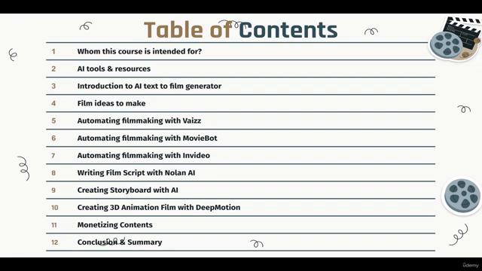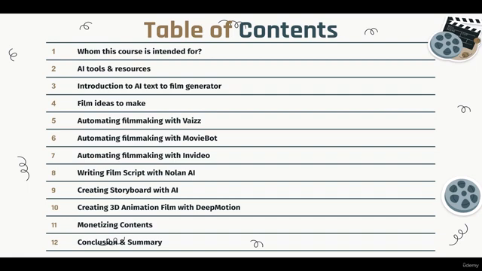Let's move on to the second chapter, AI tools and resources. Alright, so in the second chapter, I'm going to introduce you to all the AI tools that we're going to utilize in our project. So we're going to talk about 3 AI text-to-film generators like Voice, MovieBot, and InVideo. We're also going to talk about Storyboard.dat and Crop.io. Those are 2 tools that we're going to use to create the storyboard. We're going to talk about Nolan AI. We're going to use that tool to generate a film script.